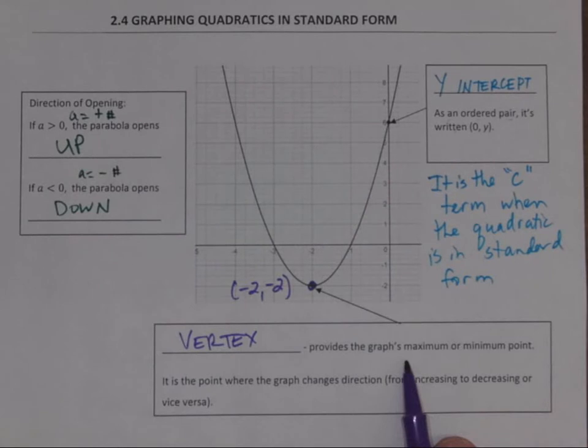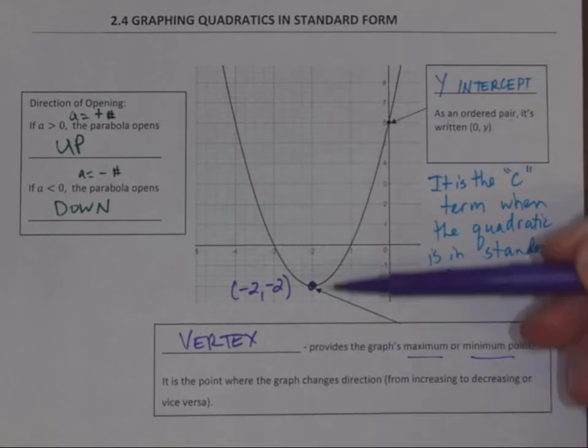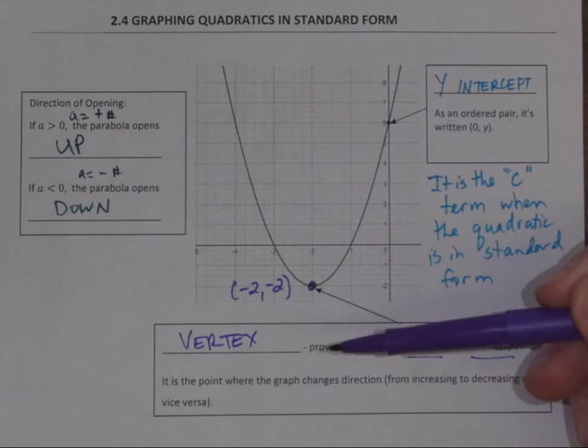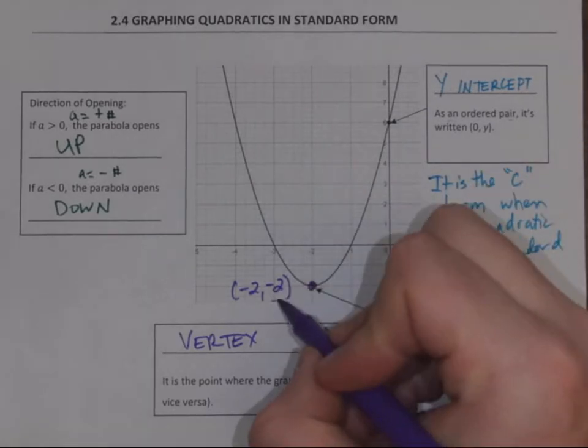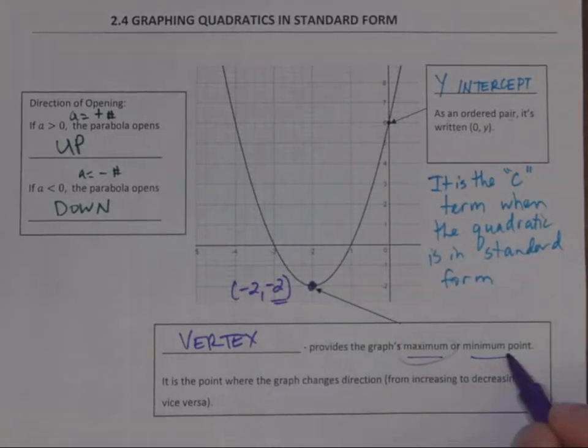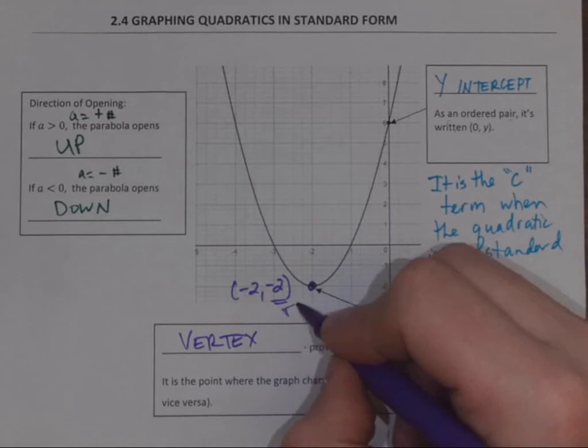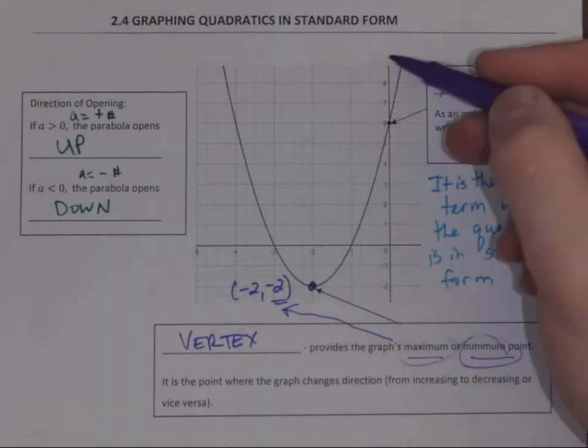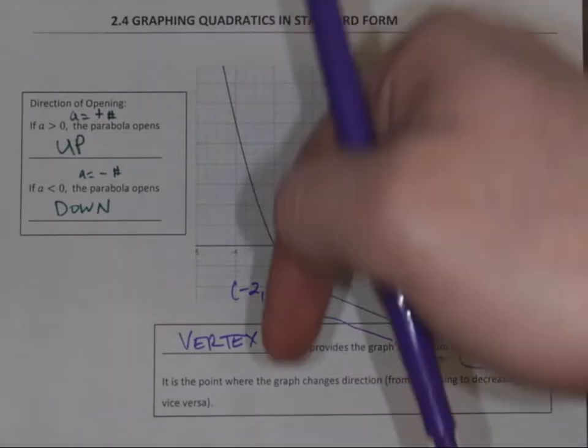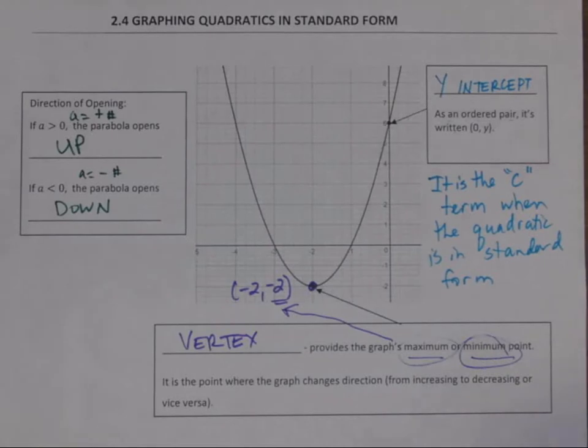It provides the graph's maximum or minimum point, and we're looking at specifically how high or how low. So we're looking at the y aspect of it for the max or the min. And we decide if it's opening up, it's a minimum. If it opens down, there's an actual top, so it's a maximum. It's the point where the graph changes direction from increasing to decreasing or the other way around.